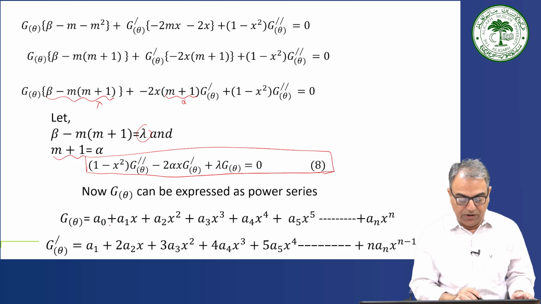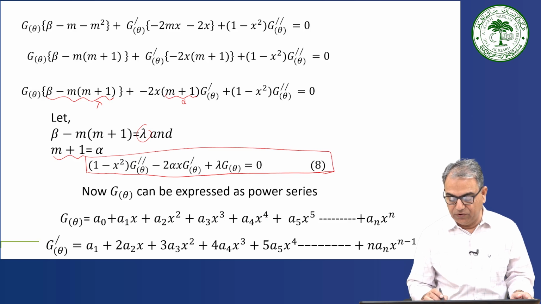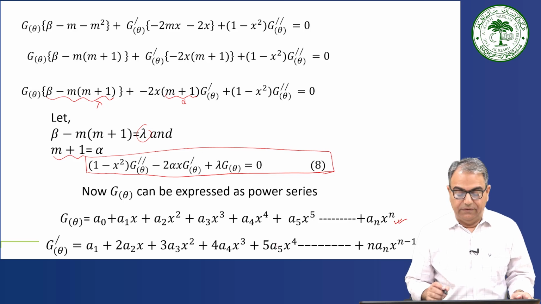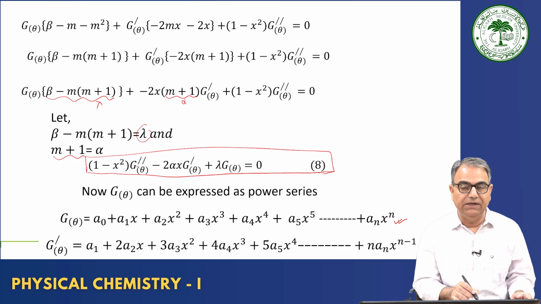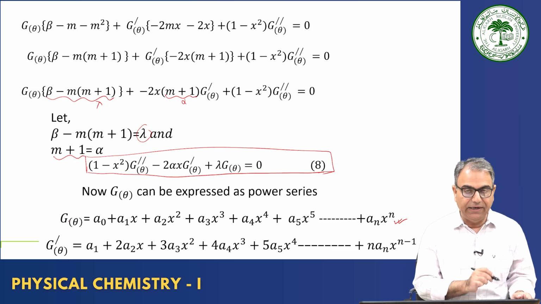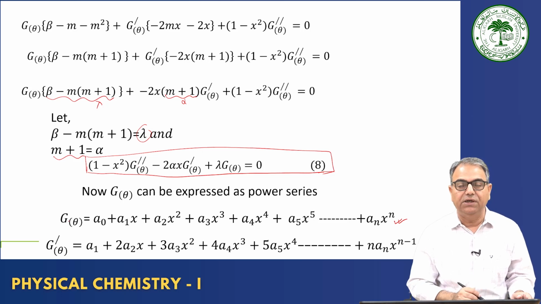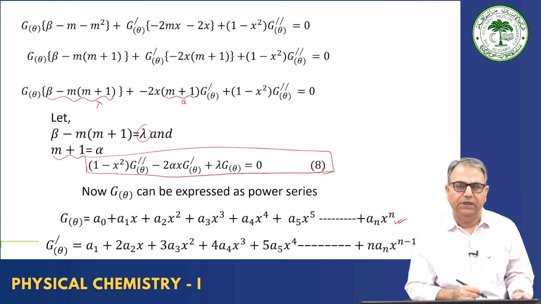G theta is a0 plus a1x plus a2x square plus a3x cube plus a4x4 plus a5x5 and so on, anxn, for the nth term. We have g prime, g prime means the first differential, g double prime means second differential. So we will find out the first differential and second differential of this g theta also, exactly in the same way which you did earlier.